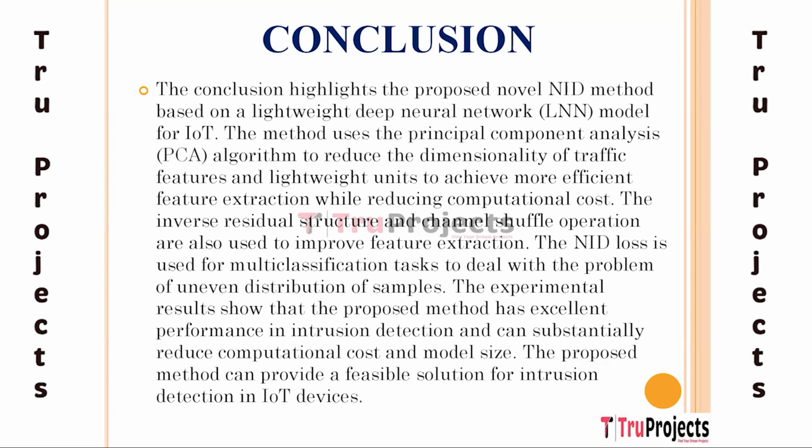To boost feature extraction, the inverse residual structure and channel shuffle operation are also applied. The NID loss is employed in multi-classification jobs to deal with the issue of uneven sample distribution. The experimental findings reveal that the suggested method has great intrusion detection performance and can significantly reduce computing cost and model size. The proposed method has the potential to provide a viable solution for intrusion detection in IoT.